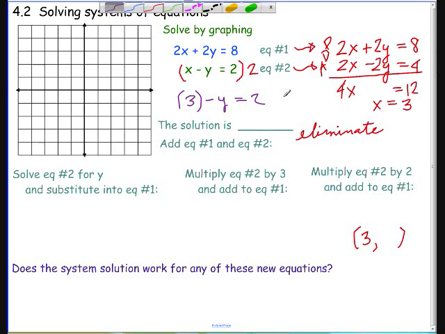I'll end up with, let's see, I'm going to add y to both sides because I know I want y to be positive. Then I'll have 3 equals y plus 2. I'm going to keep going with that. I subtract 2 from both sides, y equals 1. Okay, now I have my solution.